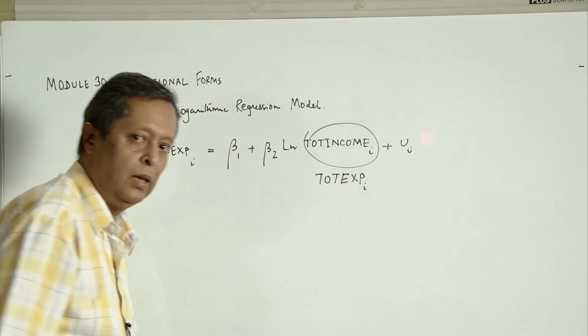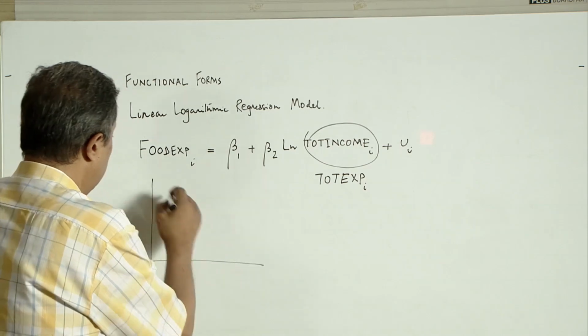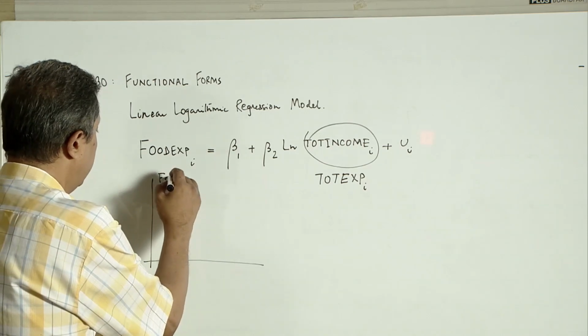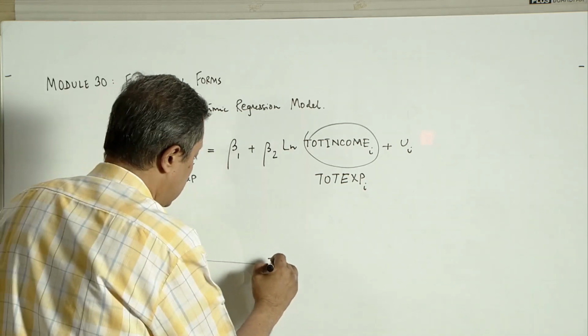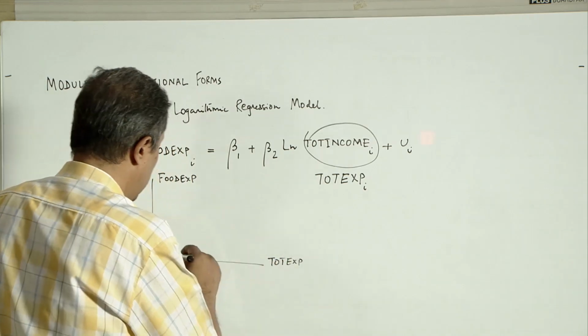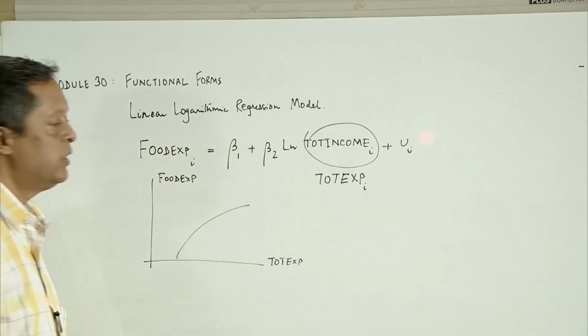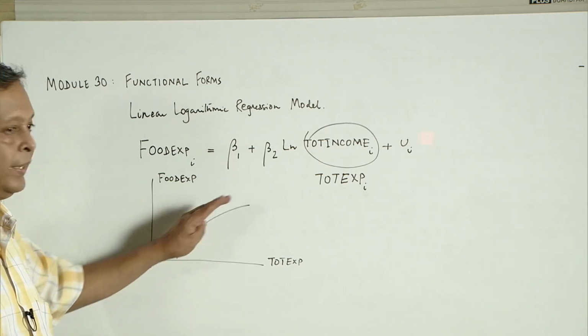So, once again, if you plot food expenditure and total expenditure, you would get a relationship which is non-linear, and the slope of this curve gradually diminishes.